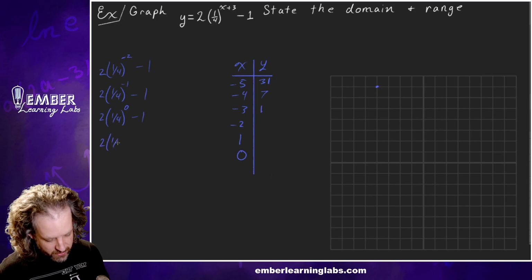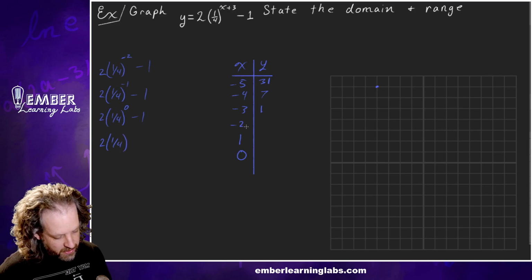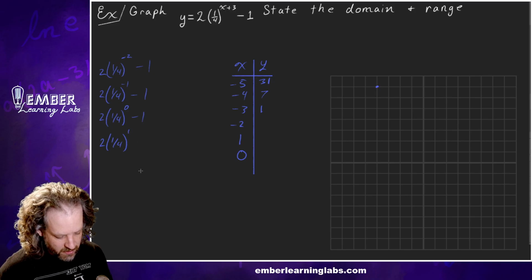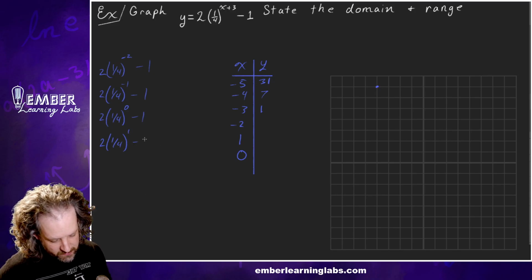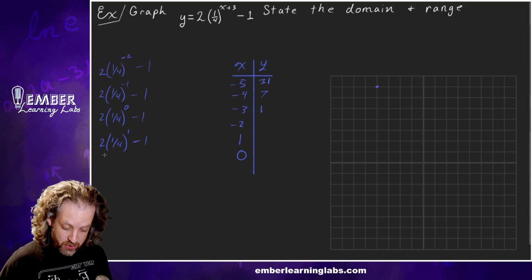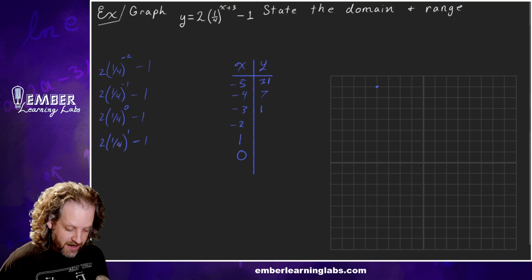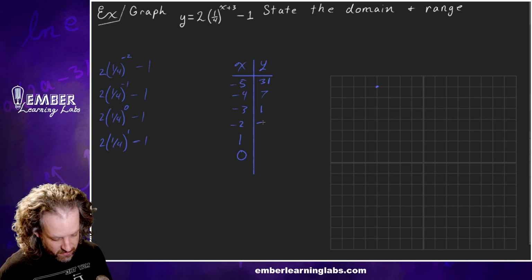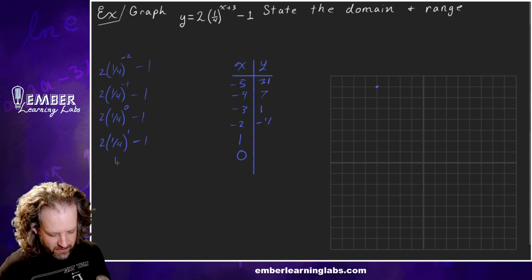Let's do another one. 2 times 1/4, plug in negative 2. Negative 2 plus 3 is 1. Right? Then minus 1. So 1/4 times 2 is 1/2. 1/2 minus 1 is negative 1/2. Is that right?